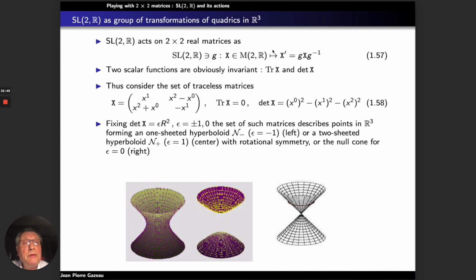So from this action, you have two invariants, the trace of this matrix and the determinant of this matrix.